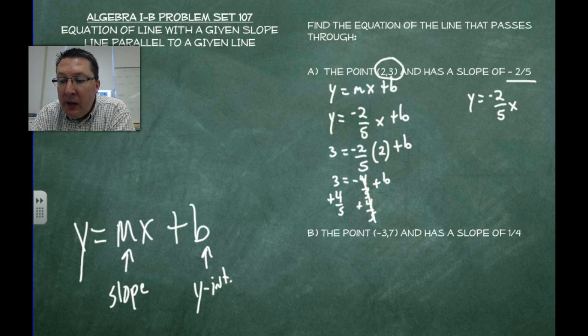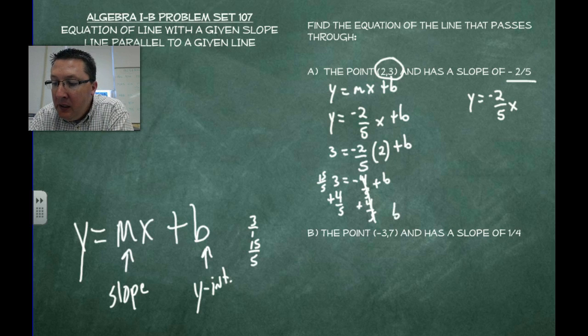If I make 3 a fraction, 3 over 1, and I change that to have a denominator of 5, that becomes 15/5. So 15/5 plus 4/5 gives me b is equal to 19/5.